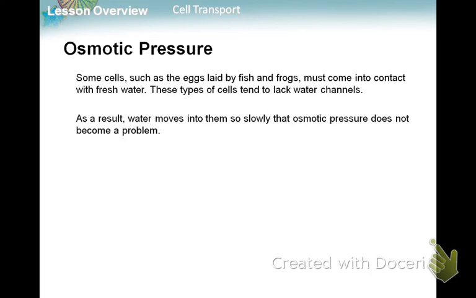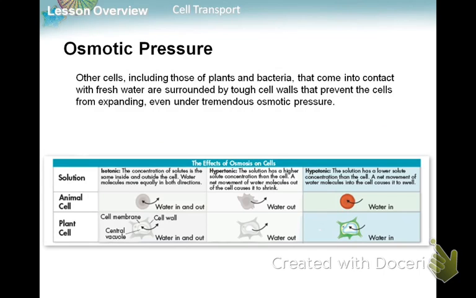Cells that come into contact with fresh water will lack water channels, so the water moves so slowly that pressure doesn't become a problem. Other cells, like plants and bacteria, like I said before, have the cell walls that prevent the cells from expanding.